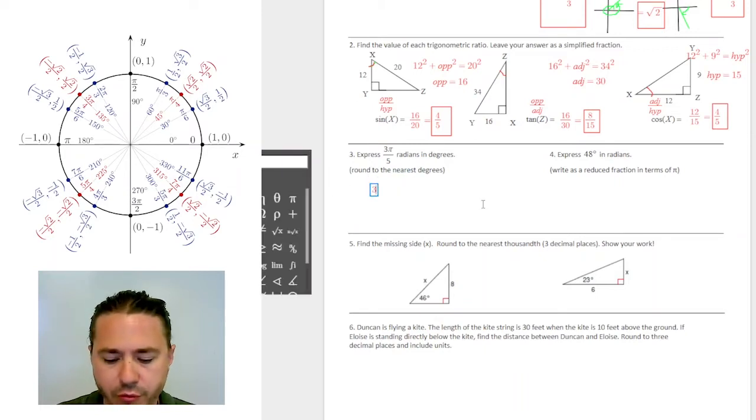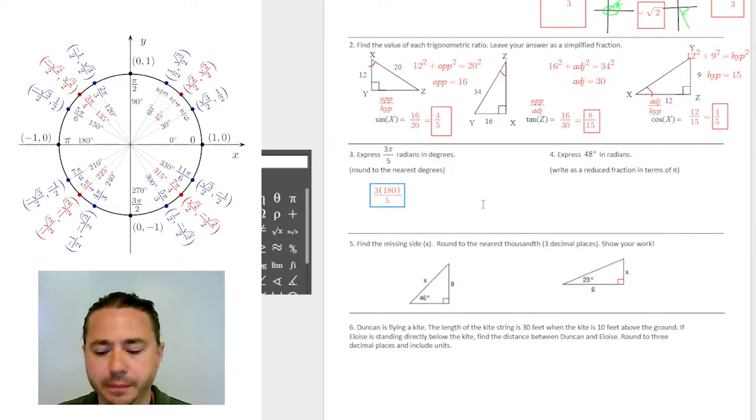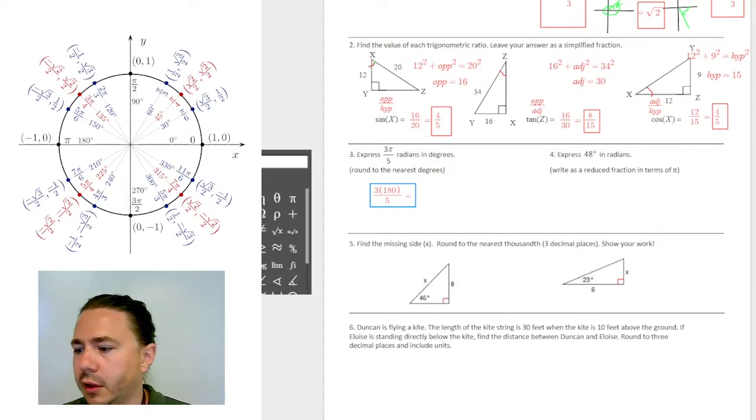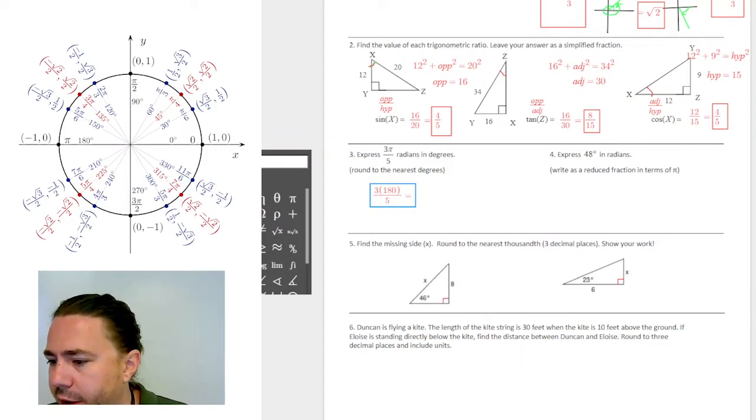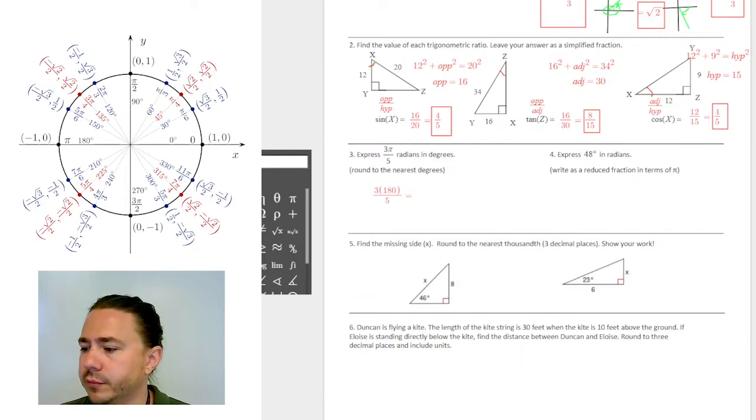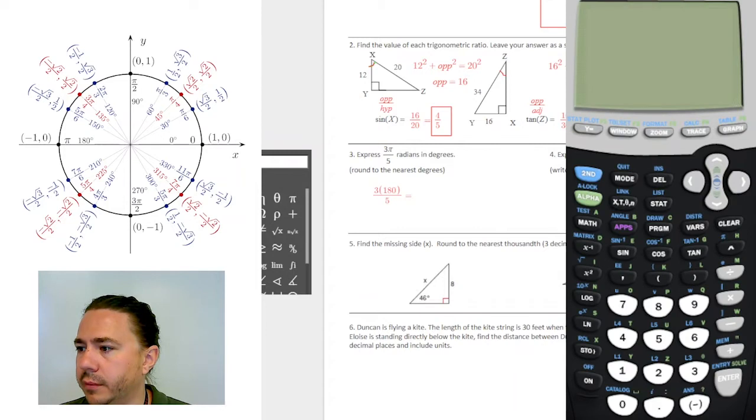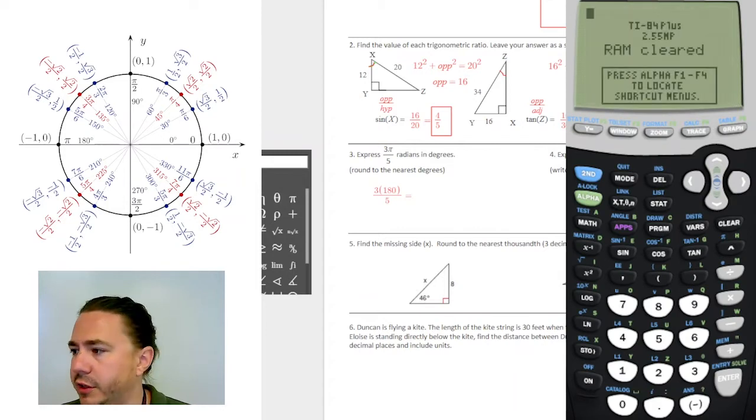So 3 times 180, and just to be careful here, I'm going to use a calculator. All right, so let me break out the old TI calculator here. If it will come up, there we go. Okay, so I'm going to do 3 times 180 divided by 5.